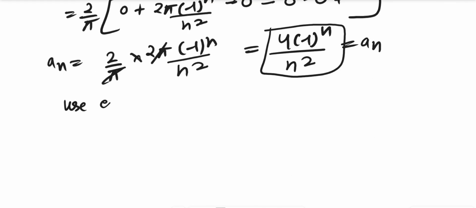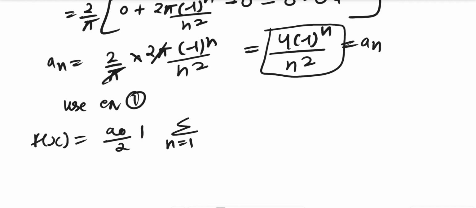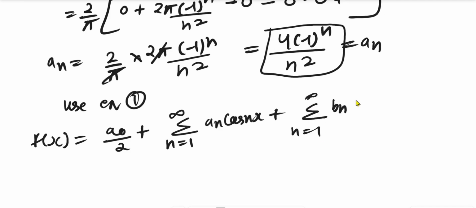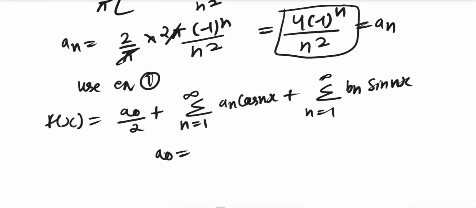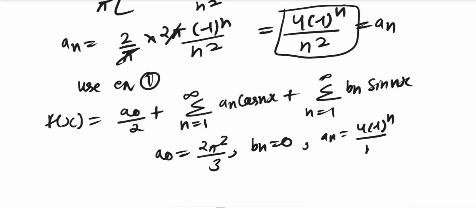Now use equation 1. Final Fourier series expansion will be f of x is equal to a0 upon 2 plus summation n is equal to 1 to infinity an cos nx plus summation n from 1 to infinity bn sin nx. Now what did we have for a0? a0 was 2 pi square divided by 3. bn was 0 since the function was even, and an is 4 minus 1 raised to the power n divided by n square.